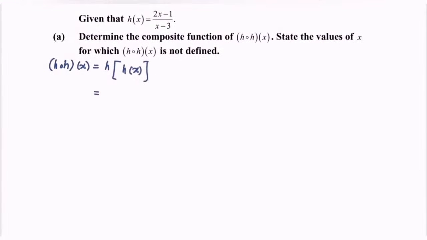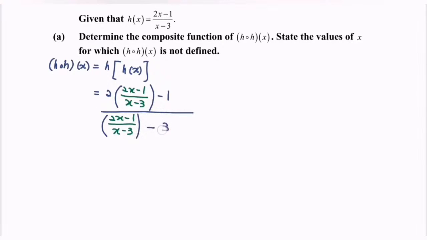Meaning that we substitute h into h, where we have 2 bracket, the x we need to substitute, (2x minus 1) over (x minus 3), minus 1, over x, so we need to substitute again the function (2x minus 1) over (x minus 3), minus with the 3.